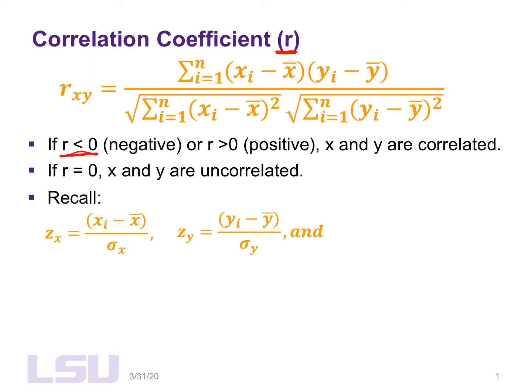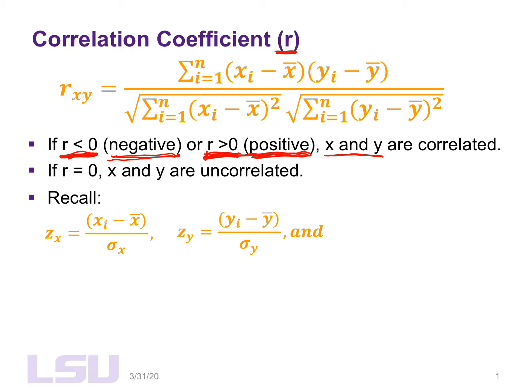When it is less than 0, you have a correlation between X and Y, and that correlation is negative. So if the correlation coefficient is less than 0, you have a negative correlation between X and Y. If the correlation coefficient is greater than 0, meaning it's positive, then you have a positive correlation between X and Y. Another way to say that is if R is less than 0, then X and Y are negatively correlated.